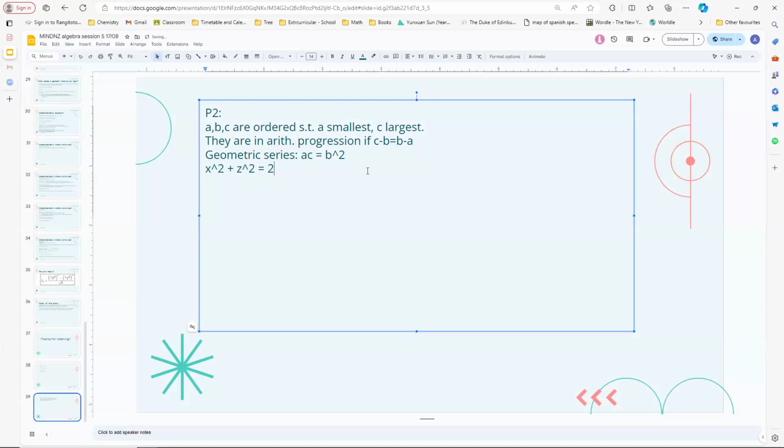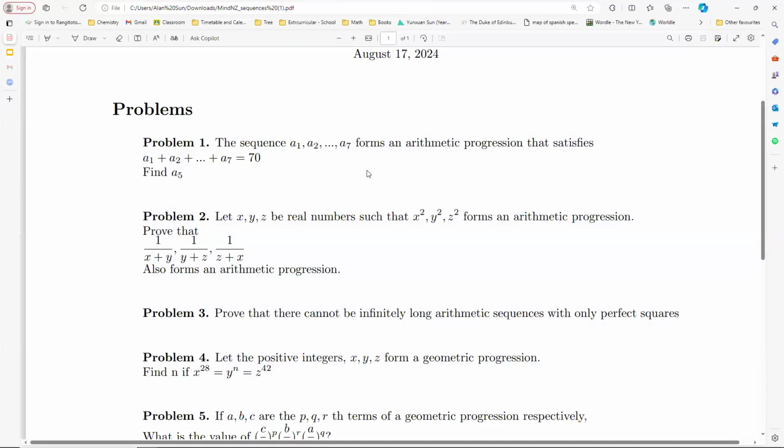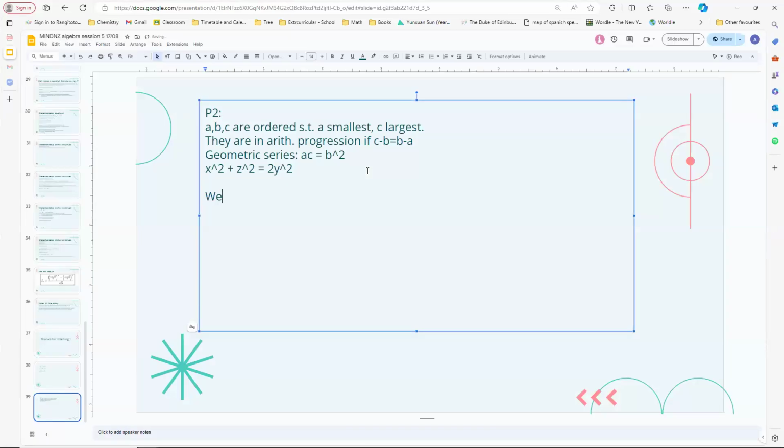And using our fact again, we would show that the other three terms are in an arithmetic sequence. So what we want to show is that two of those added together is double the third one. So we're going to choose the largest one and the smallest one, right? Also, sorry, by the way, without loss of generality, I've ordered x less than y less than z.